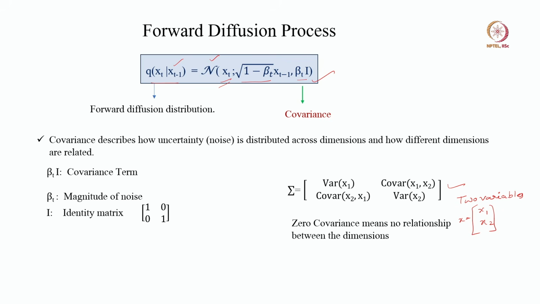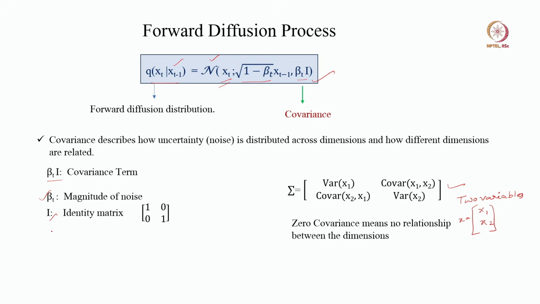Now, in this covariance term we see it is written beta t into I, where beta t is the magnitude of the noise. We have seen in our previous discussion also that beta t was deciding how much noise will be added to the forward diffusion process in a particular time step t. And what is I?